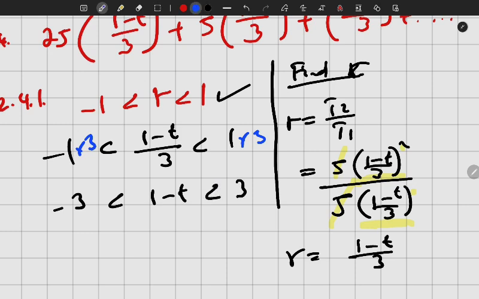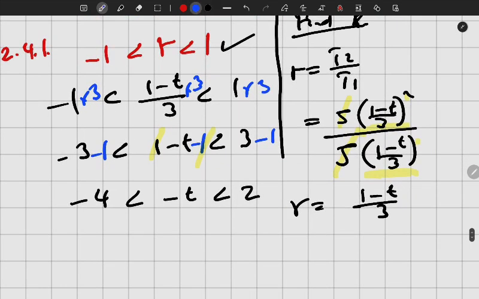Then we want to be left with a t, so we subtract 1 everywhere. If we do that, we'll be left with a -4 here, and then here we'll be left with a minus t. 3 minus 1 is 2. Now with minus t we want a t, so we divide all sides by -1, dividing an inequality.